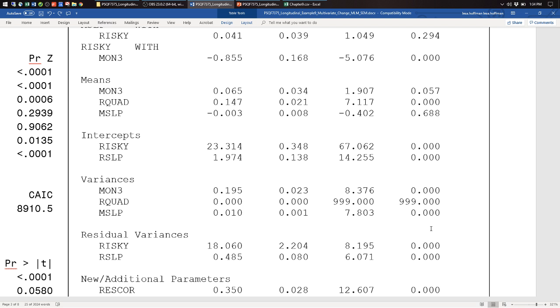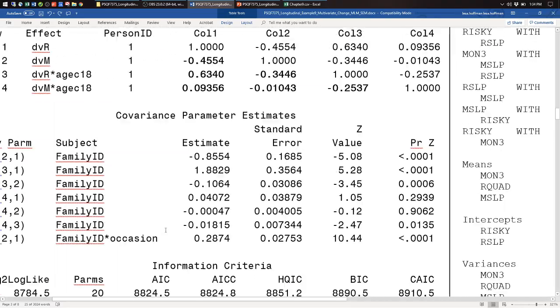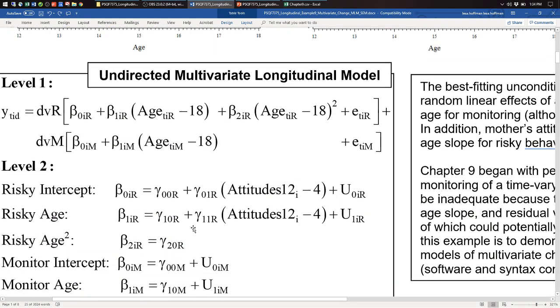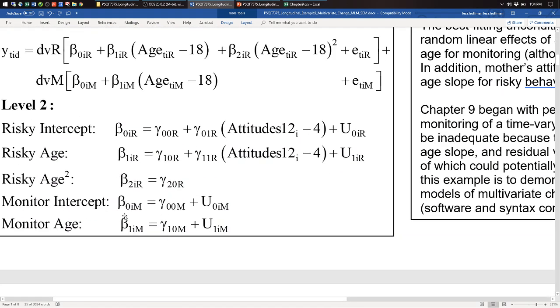We talked about this briefly, but I will remind you how. Go back to the equation. This equation, right? If you think about the intercept of this equation, the jumping off point, that thing, that's my fixed slope for monitor.